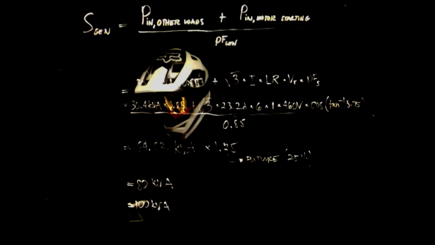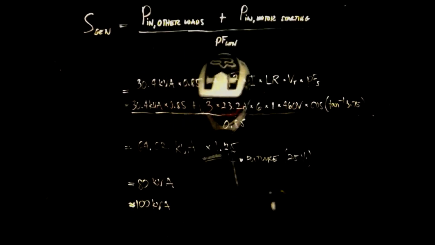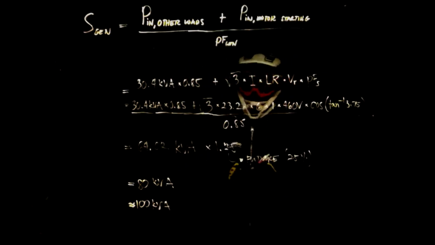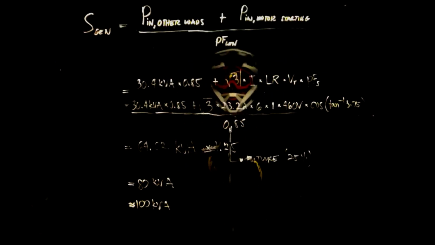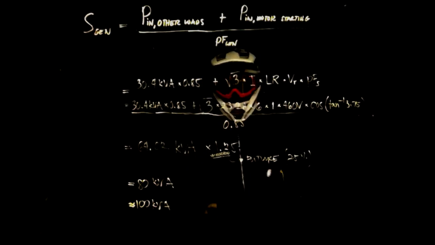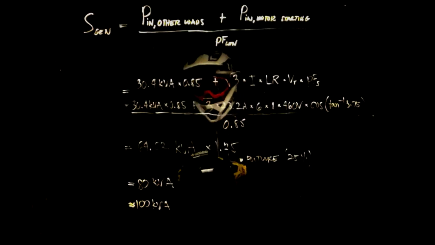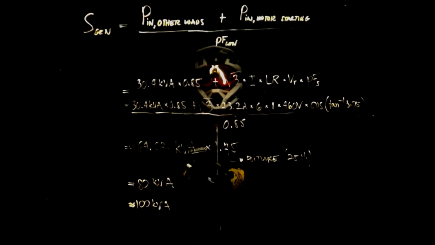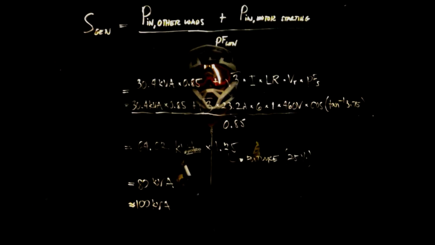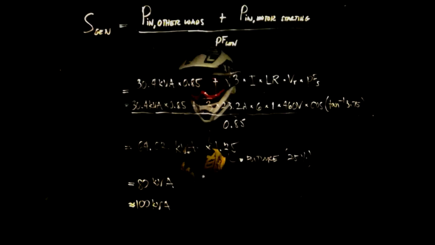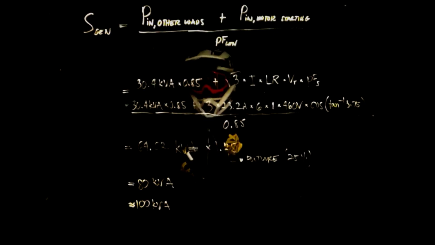Why? Because on the next episode, we're going to discuss this in more detail, much deeper, because I'm going to show you the effect of voltage drop in your generator sizing.